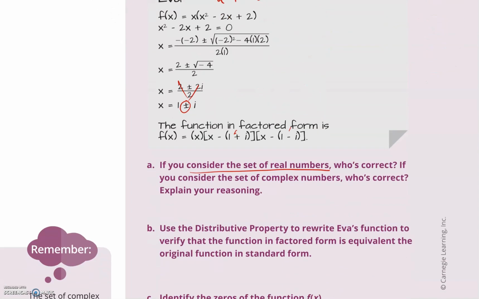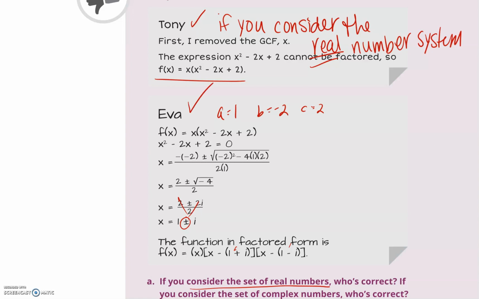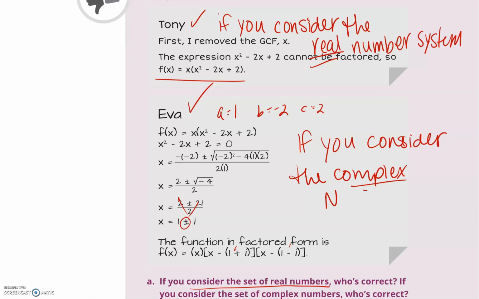And Ava is correct if you are considering the complex number system. So the complex number system involves those imaginary numbers. So they both are correct.